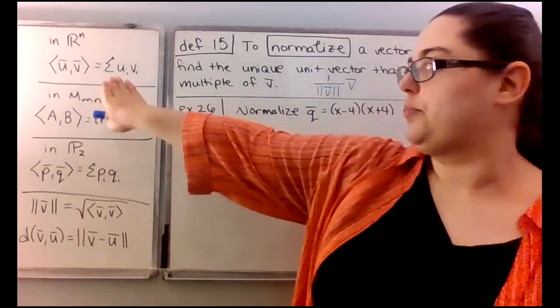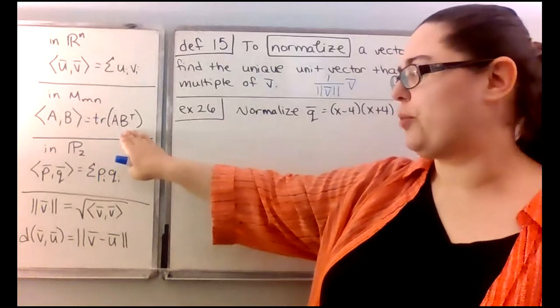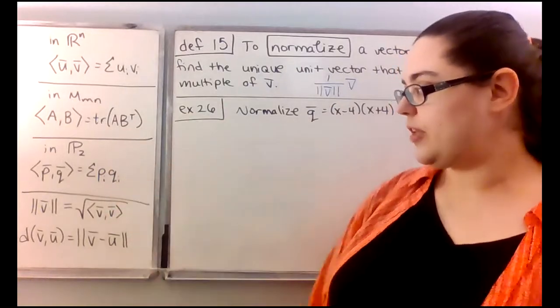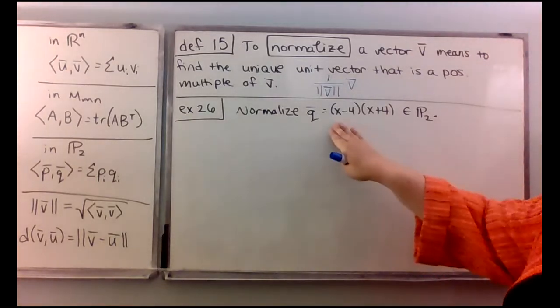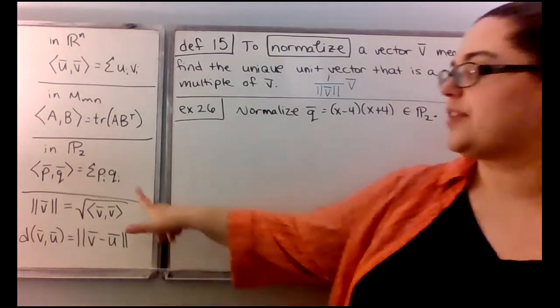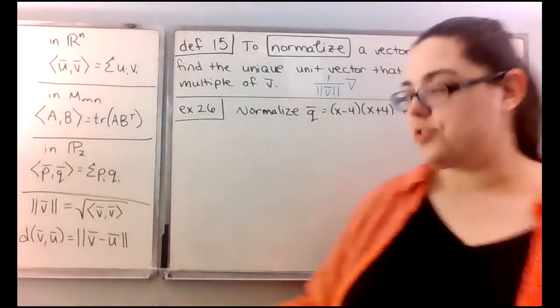Since we've done an example using the dot product and an example using matrices, it seemed appropriate to do an example using P2. So here's our vector Q. It's not written in standard form, so in order to apply this definition of the inner product, we want to put it in standard form first.